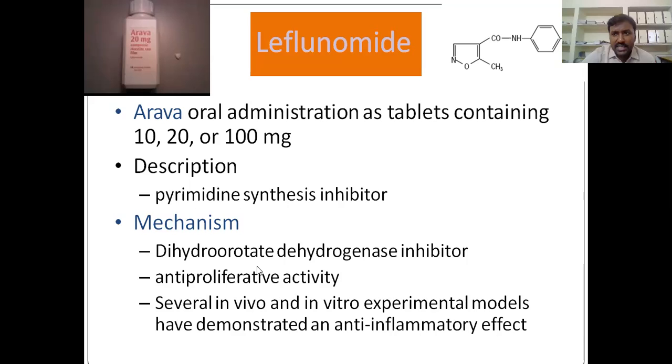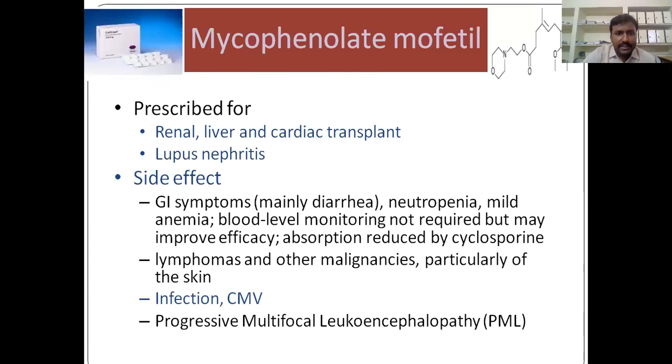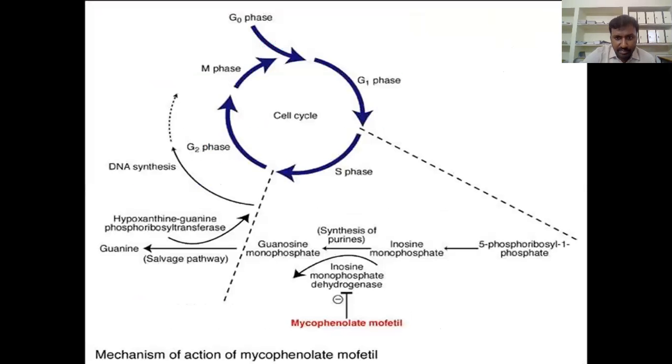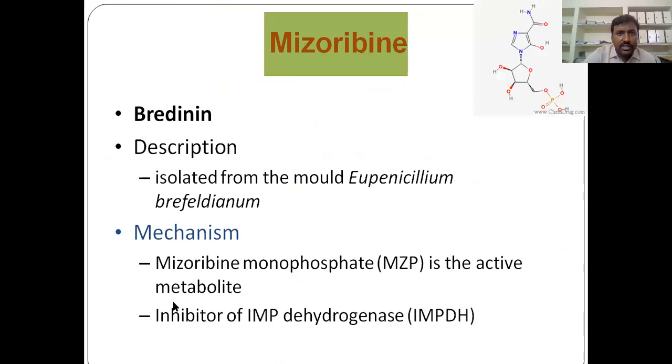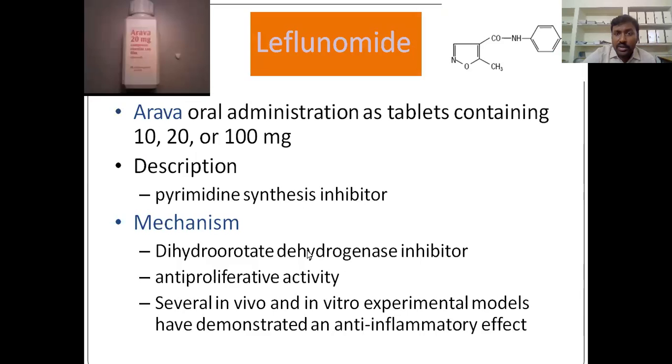Let's relate it to what we discussed about the mycophenolate mechanism. So dihydroorotate dehydrogenase, it will inhibit the enzyme, so that when the enzyme is inhibited there is no formation of guanine. So that is the mechanism of action of leflunomide.